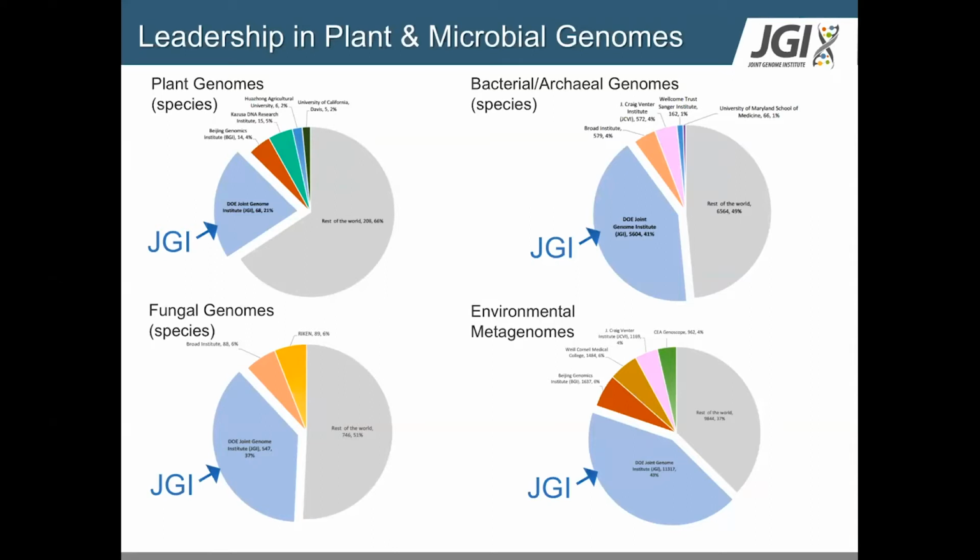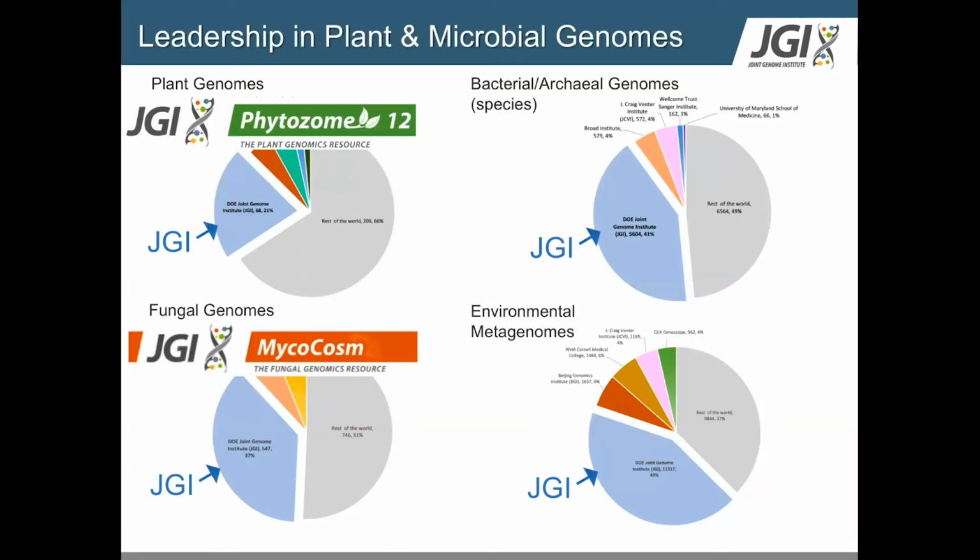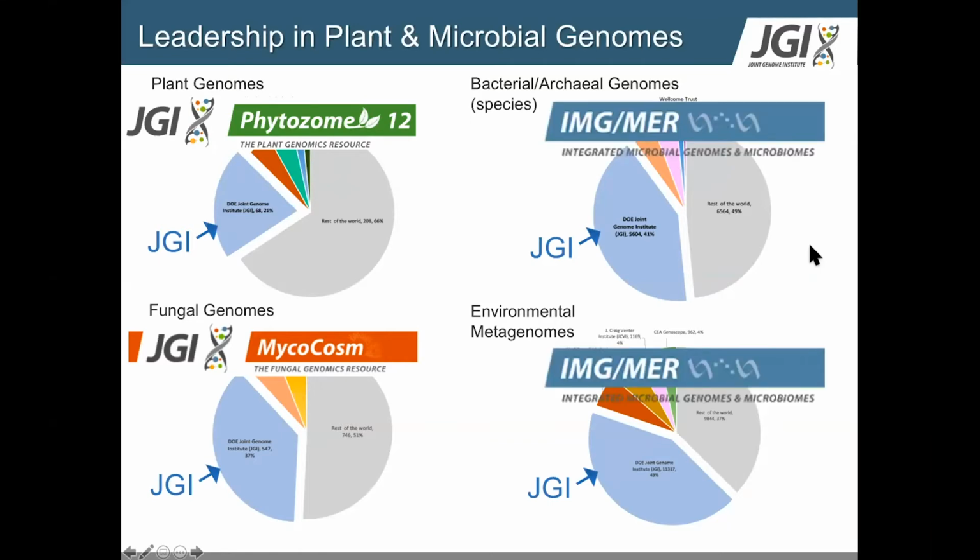All of these data can be accessed through dedicated portals. For example, for plant genomes, we have something called Phytosome, and we have Mycocosm for fungal genomes. And it's not just a repository for the sequence data, but it's also got tools for comparative analysis. On the prokaryotic side, for isolate genomes and metagenomes, we have something called IMG, Integrated Microbial Genomes and Microbiomes.